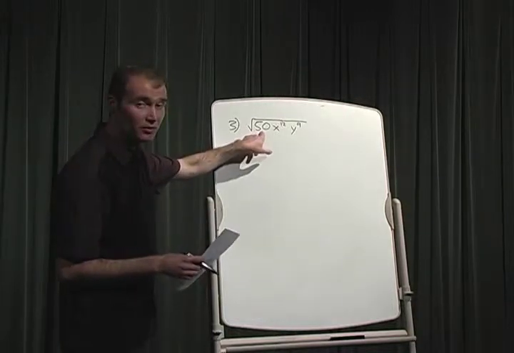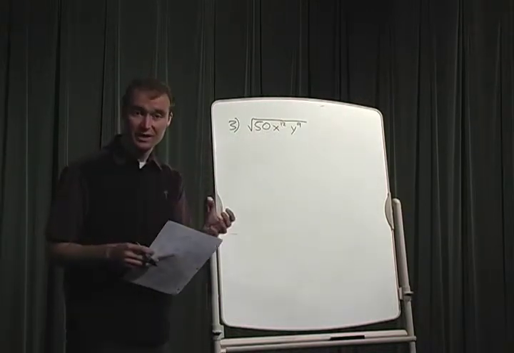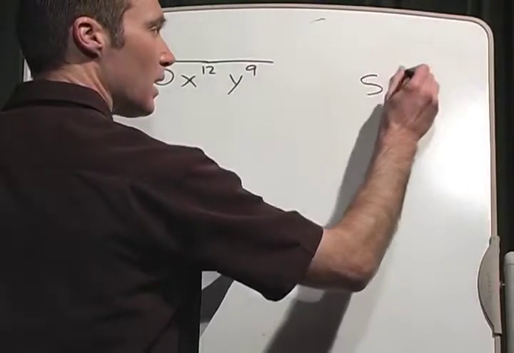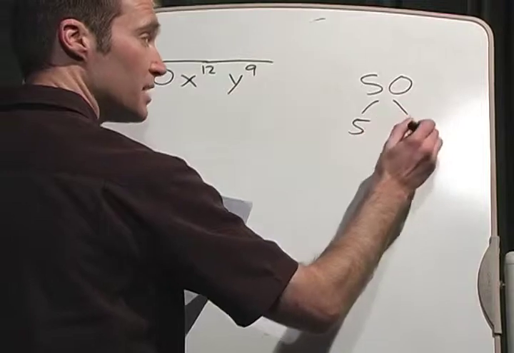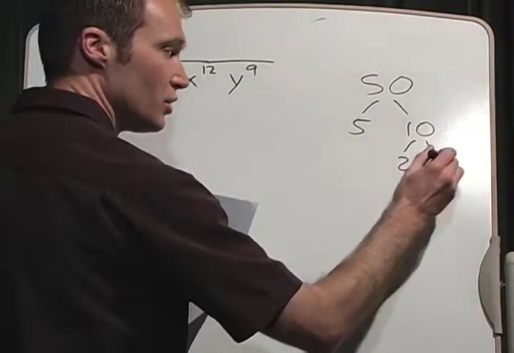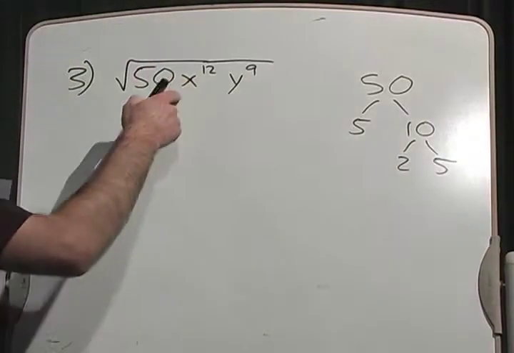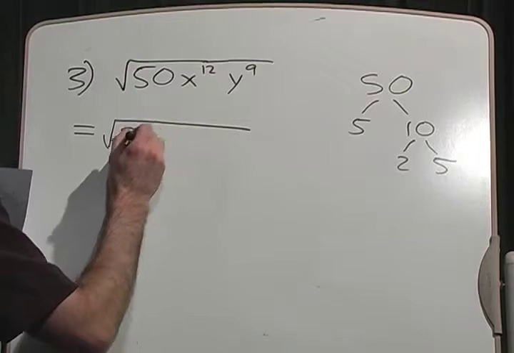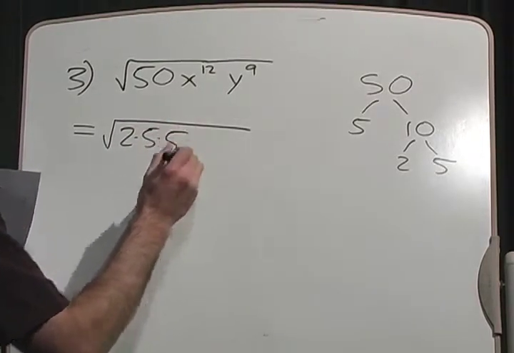Let me just deal with the number first. I'm going to, again, split that number into its prime factors. So 50 breaks down into 5 times 10. 5 cannot be broken down any further, but 10 is just 2 times 5. So this could be broken down into root 2 times 5 times 5.